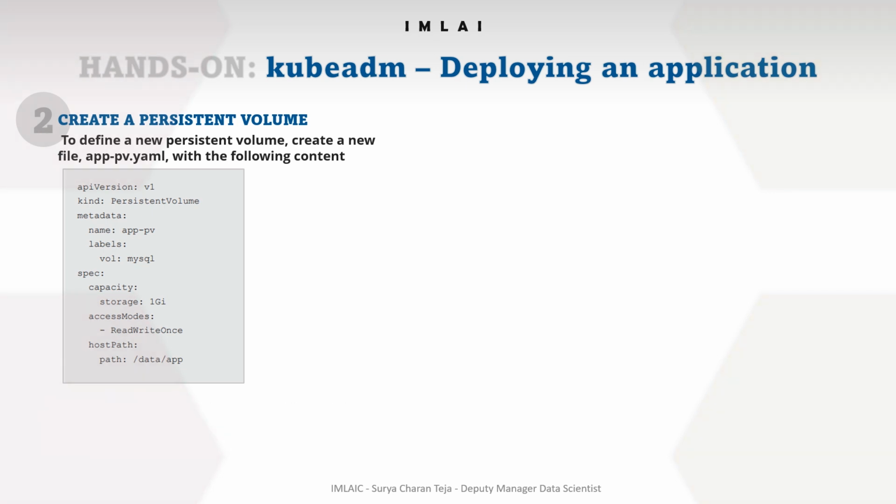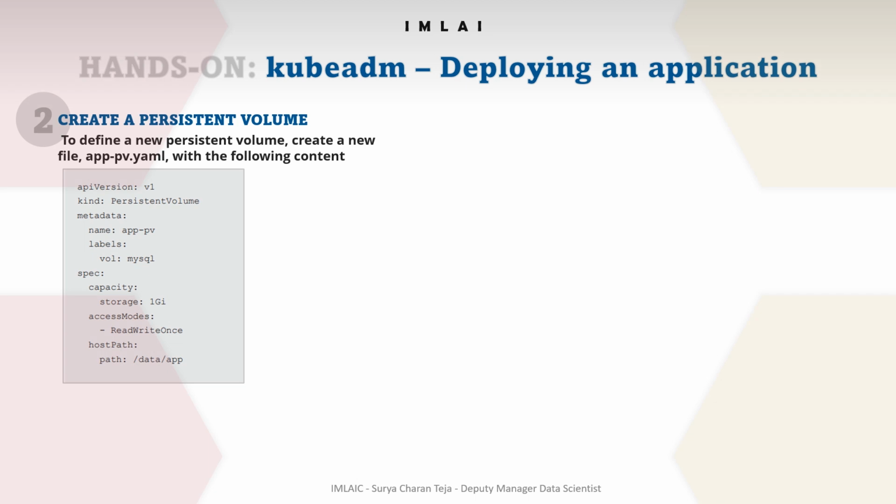In this file, we use a hostPath volume, which will just pass a directory from the host path into a container for consumption. To specify that the persistent volume will be used for our application, we added a label called volume: mysql, so that it can be used later in a selector.